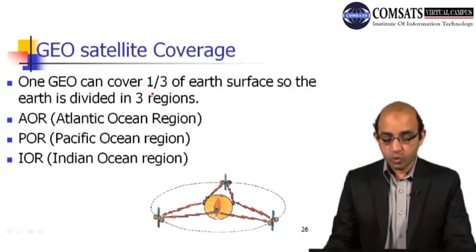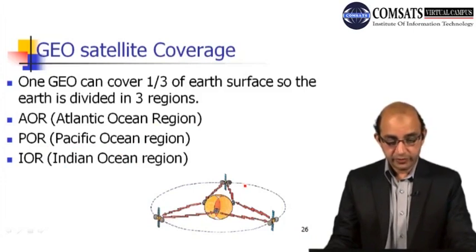Here, one third of Earth's surface, so the Earth is divided into 3 regions, right? You can see the first region, the second region, and on the other side the third region: AOR, Atlantic Ocean Region, then POR, Pacific Ocean Region, and then IOR, Indian Ocean Region.